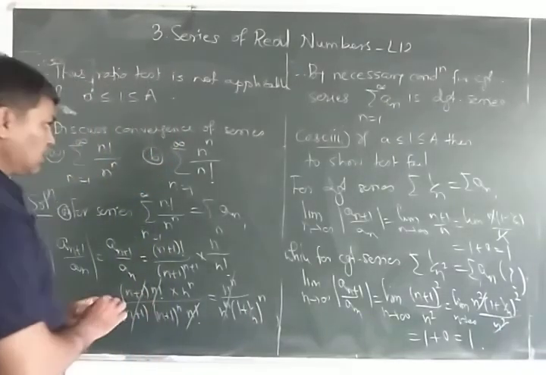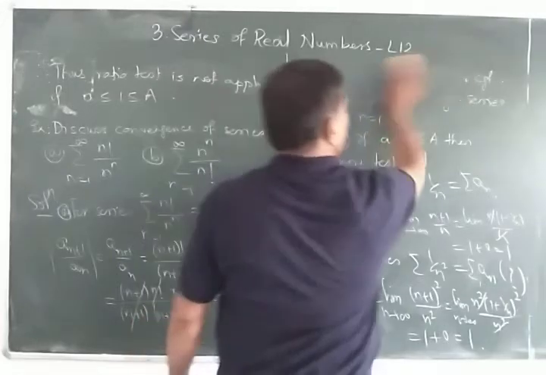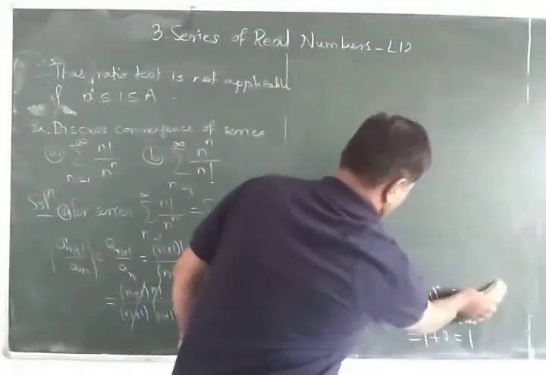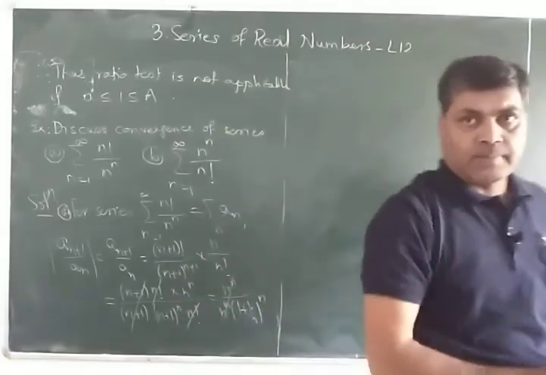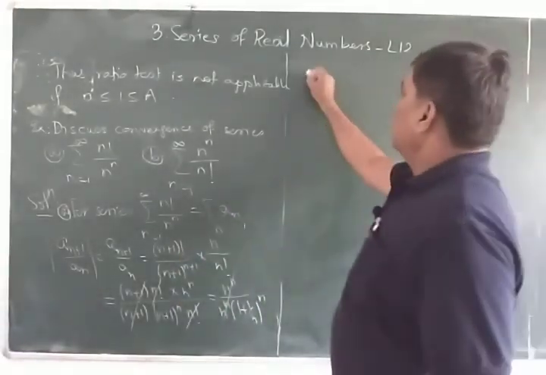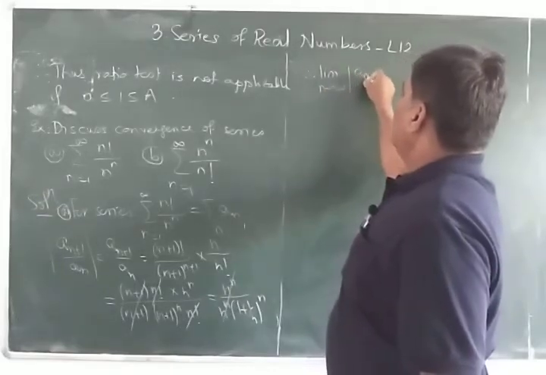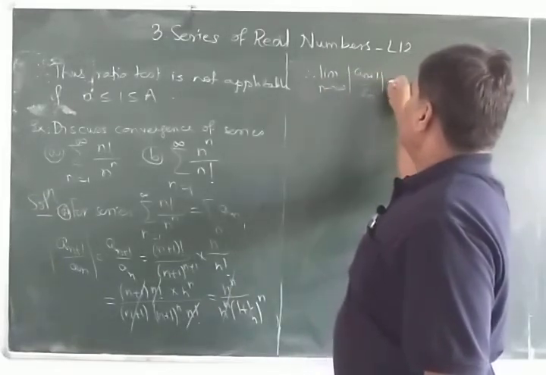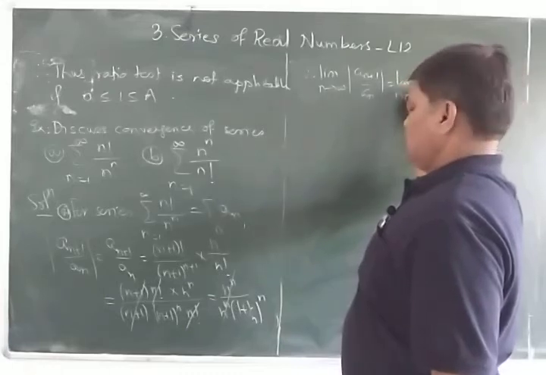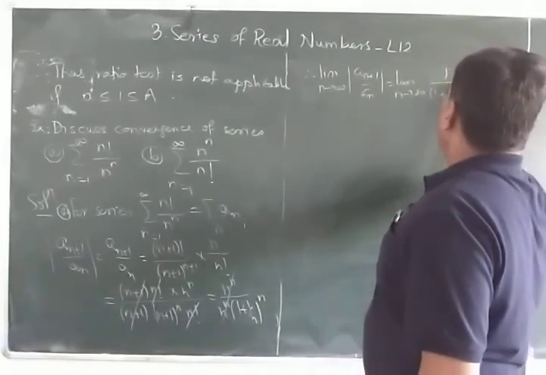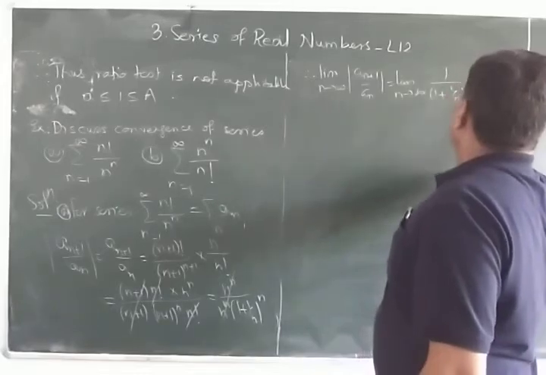Okay. Therefore, limit n tends to infinity of mod of a n plus 1 upon an is equal to limit of 1 upon 1 plus 1 upon n raised to n, which is equal to 1 upon e, less than 1.